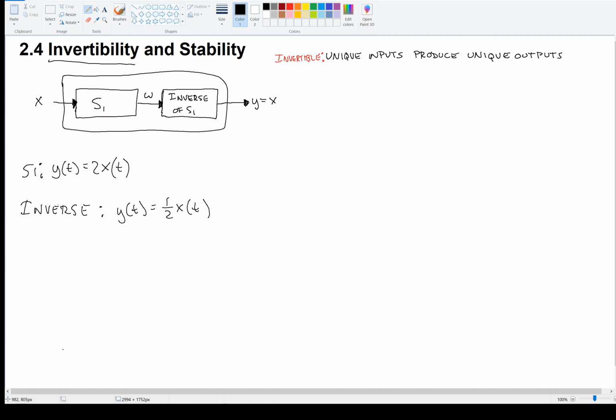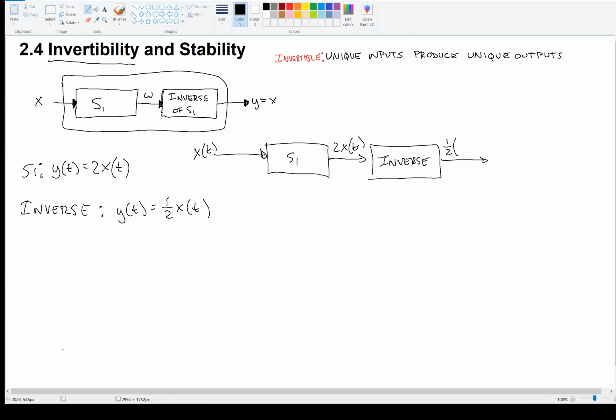So think about that for a second. If I have system S1 and I plug in x of t, then what I get out is twice x of t. And then when I put that into the inverse, I get 1/2 of what I put in.